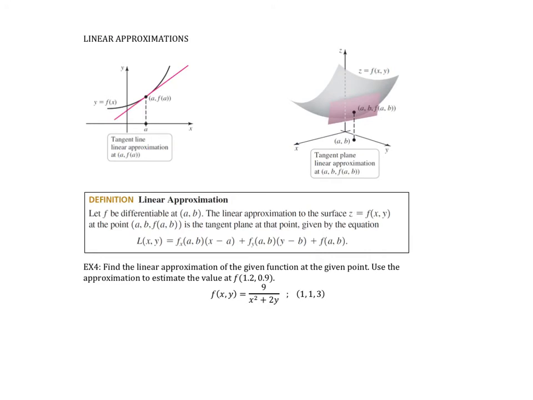The next concept we're going to talk about is our linear approximations. So recall from Calculus 1 that if you have a curve, and maybe this curve is difficult to evaluate at some point, so instead what we might want to do is draw at some nice point A a tangent line.